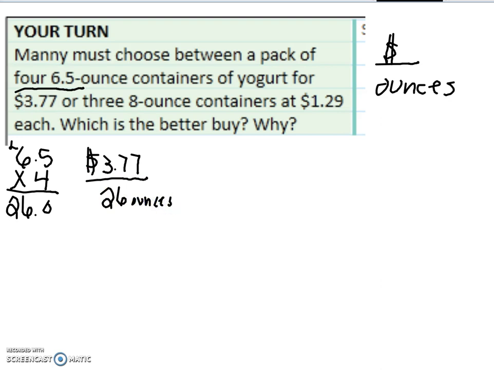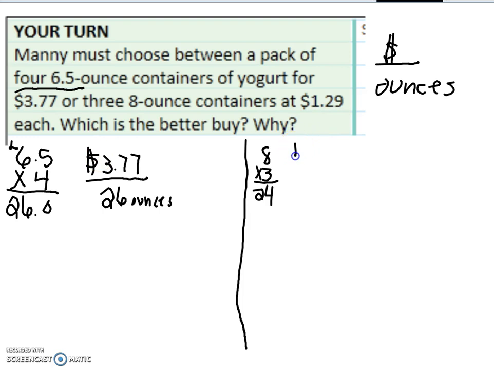And then we need to set up the other problem. The other problem is going to be 3 8-ounce containers. So 8 times 3 is 24. And they're at $1.29 each.